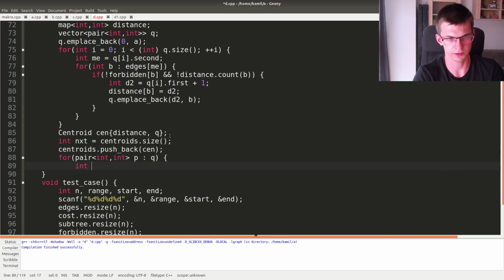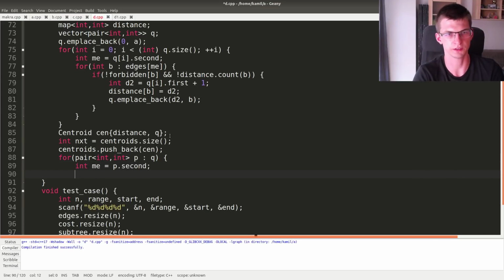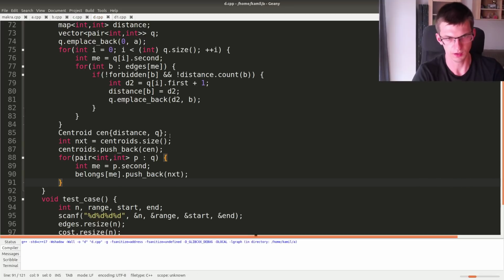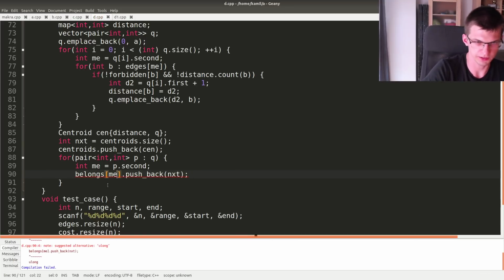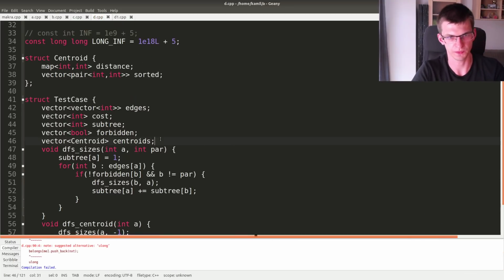Use P first, P second is a vertex, so belongs of me push back next. This way I know that this vertex is in this centroid.